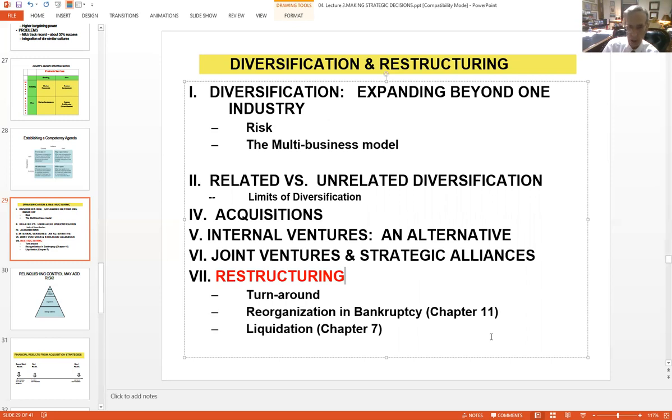And employees have a partially preferred position in that order of priorities, but not a perfect priority. There are limits on employees' protections. So that's restructuring, and it's not a pretty thing to get into. Better to do one of these other things.